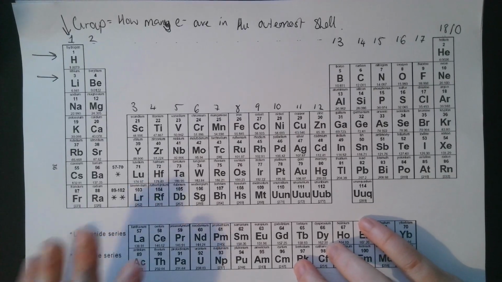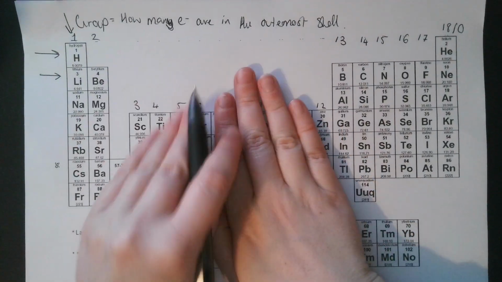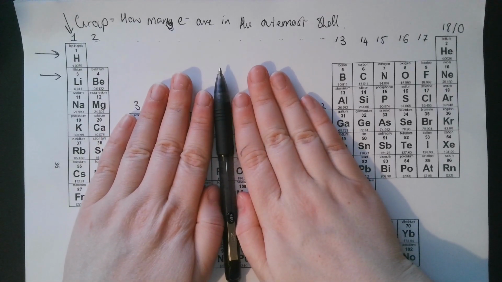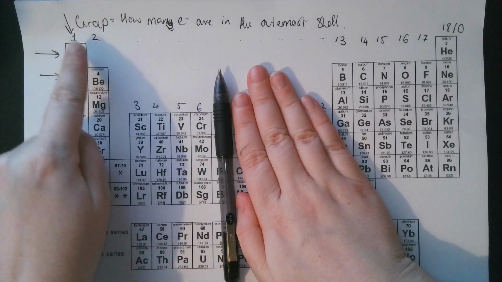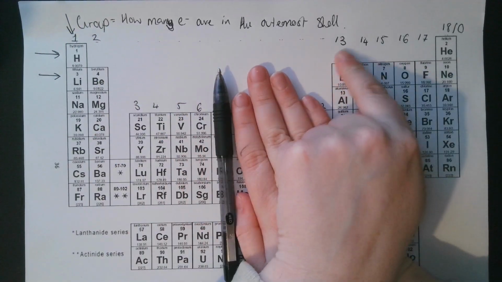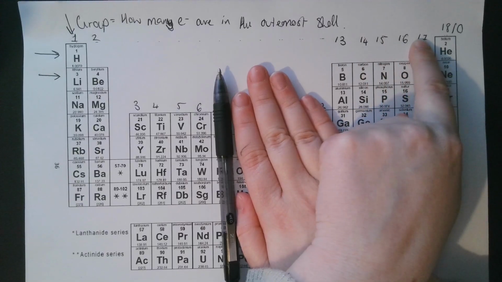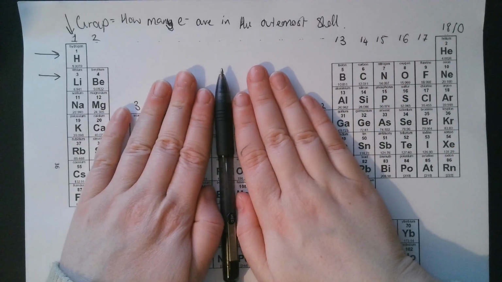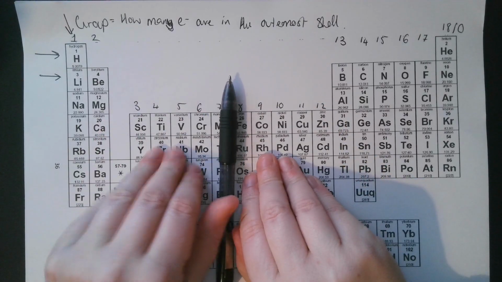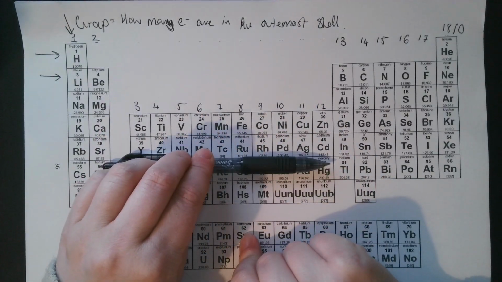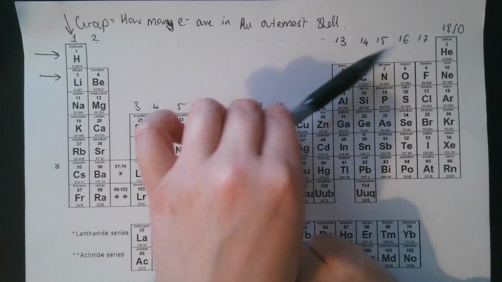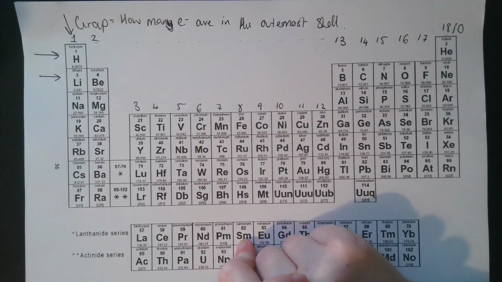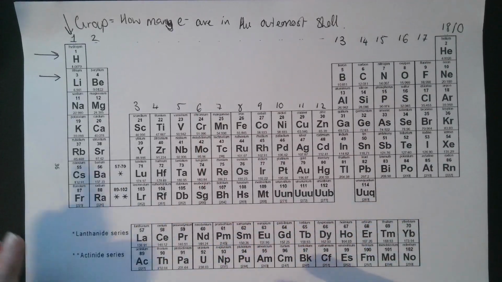Now at GCSE, these are often excluded. So you would know the groups, or maybe remember the groups, as 1, 2, 3, 4, 5, 6, 7, and 8. But when we include the transition metals, these metals here, we can put 13, 14, 15, 16, 17, and so on and so forth.